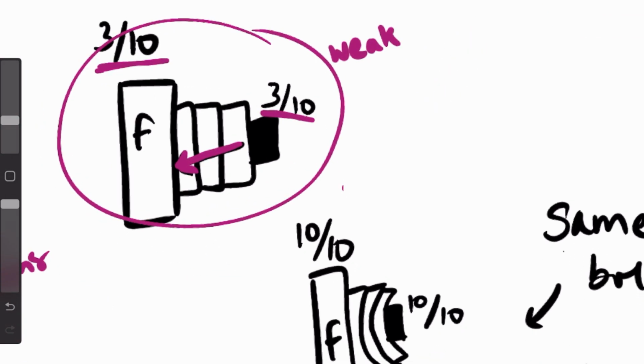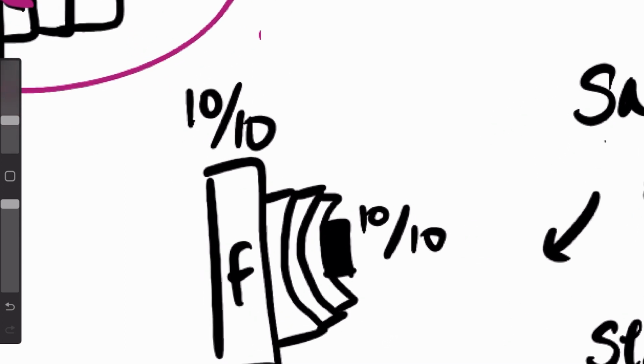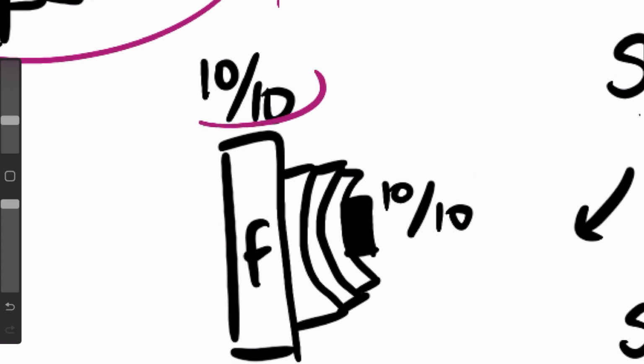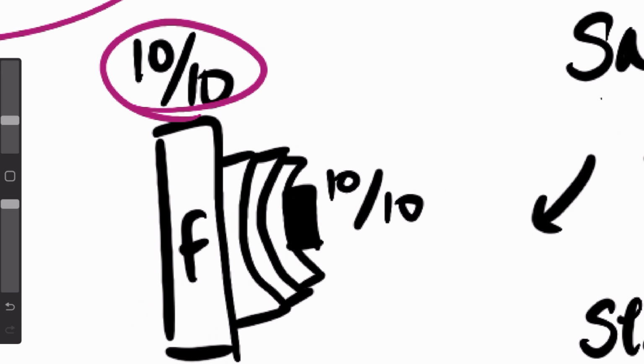However, when we have the strongest magnet you've ever seen, 10 out of 10 on our made-up magnet scale, we are going to have a really strong magnet, because I said 10 out of 10 for our fridge, and then a strong actual magnet holding these papers.